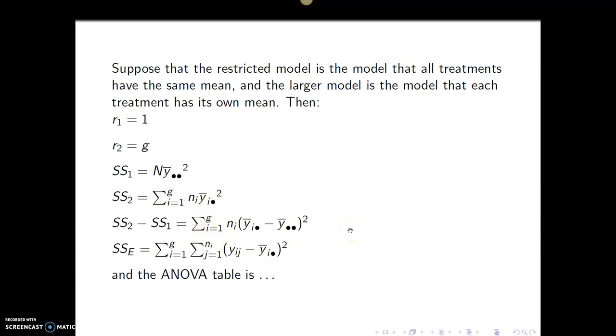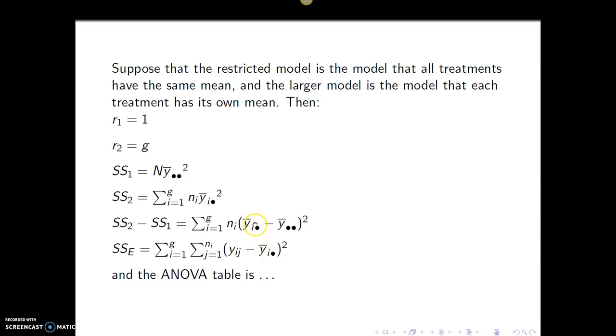Just a little algebra. And then finally SSE is going to be the difference between each Yij and the group mean. So take a look at what's inside these sums of squares here, because we're measuring the heterogeneity of each observation within its group here. So that's really truly random error or residual error.